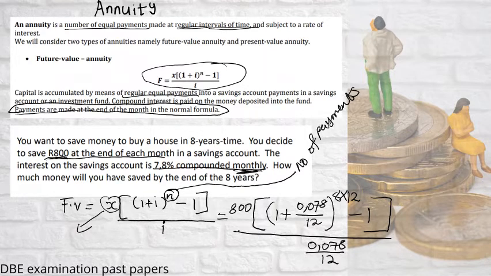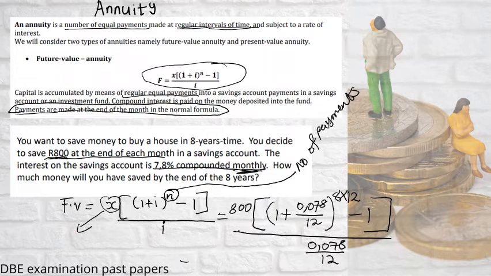So we're just going to use the formula quickly and we get the answer. Simple as that. 800 into (1 plus 0.078 over 12) exponent 8 times 12, minus 1, divided by 0.078 over 12.